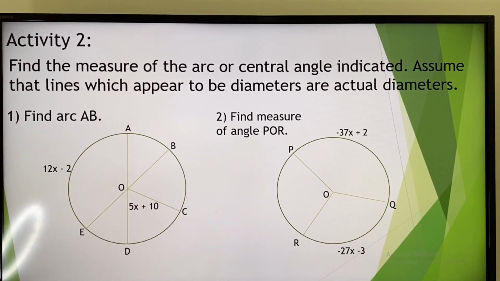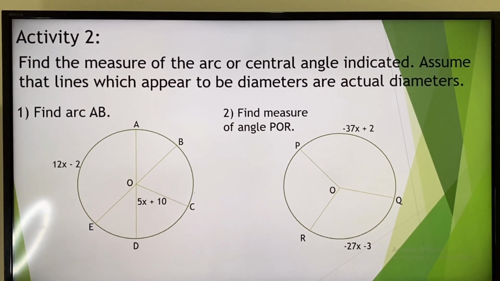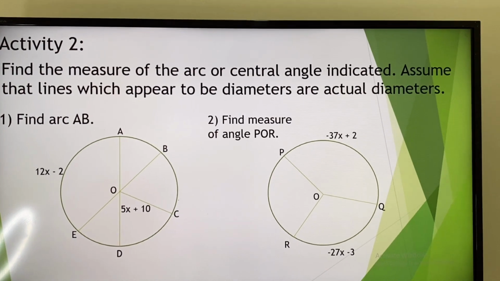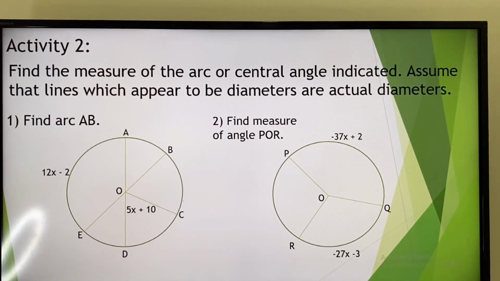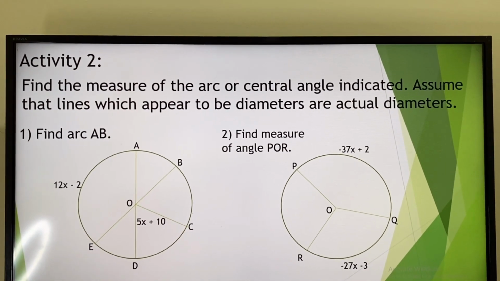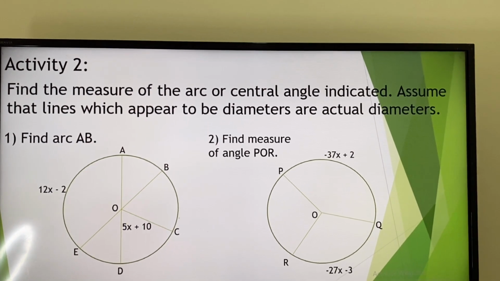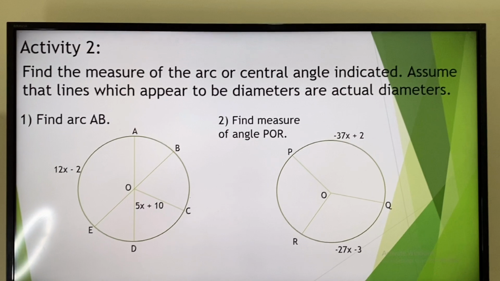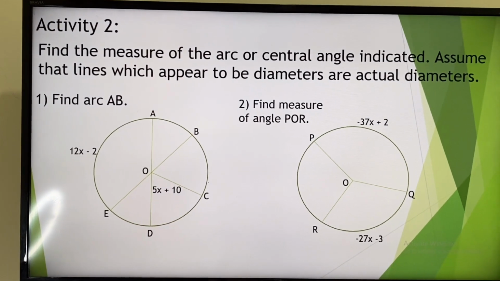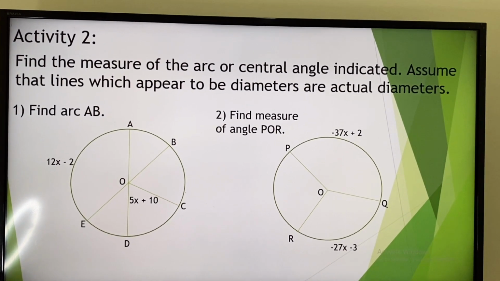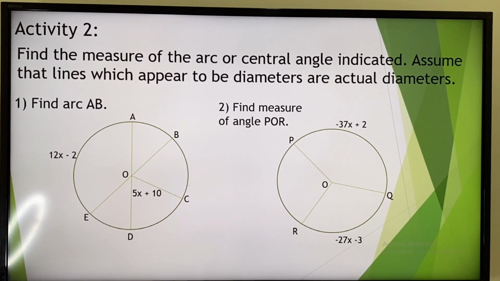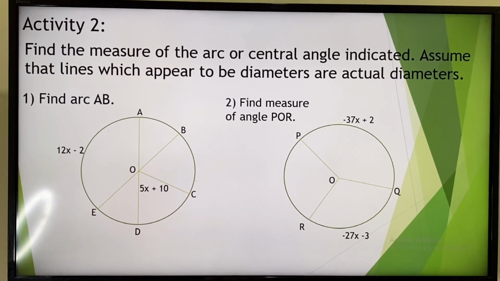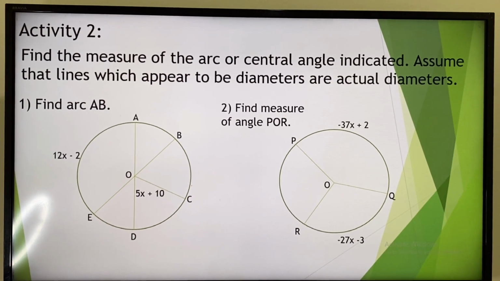In activity number 2, find the measure of the arc or central angle indicated. Assume that lines which appear to be diameters are actual diameters. Number 1, find arc AB. So we have the given arc AE is equal to 12x minus 2.